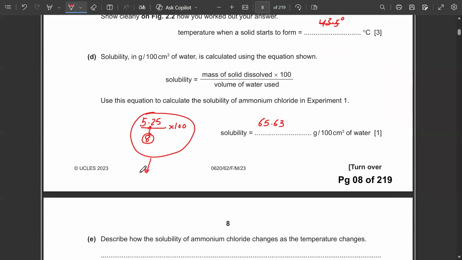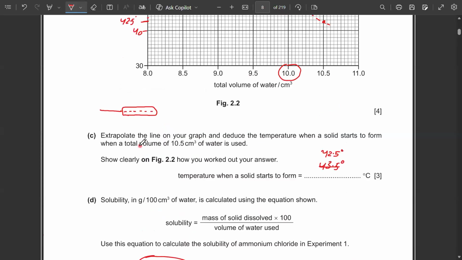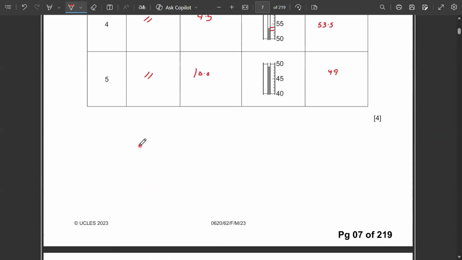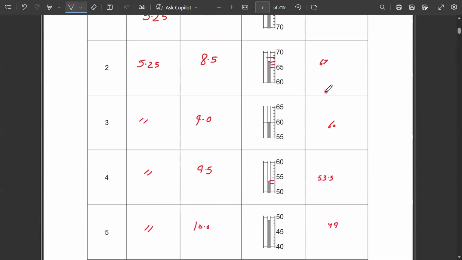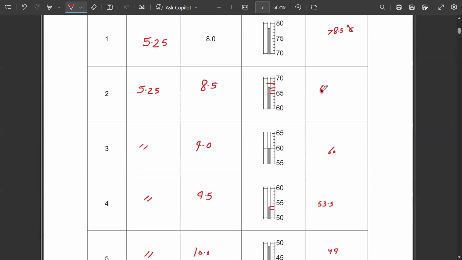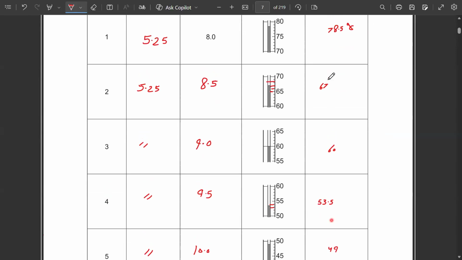So the solubility will decrease as the temperature decreases. You can see from here, we have the increase in the temperature, from lower value to higher value.